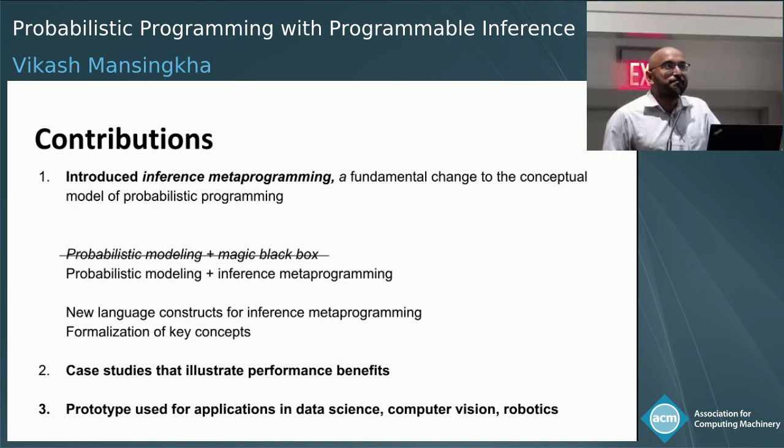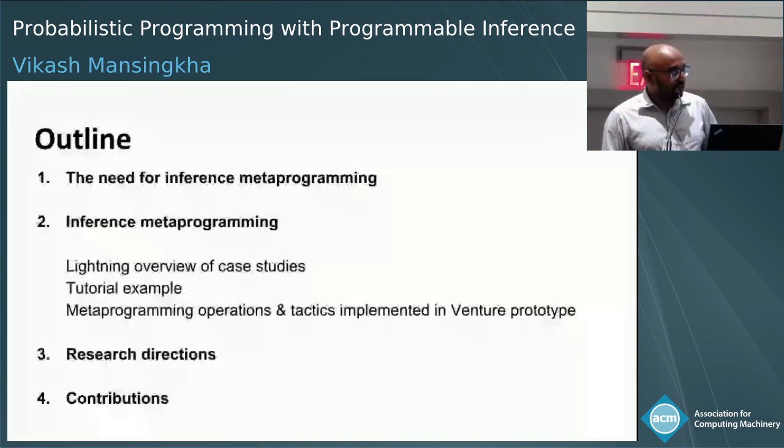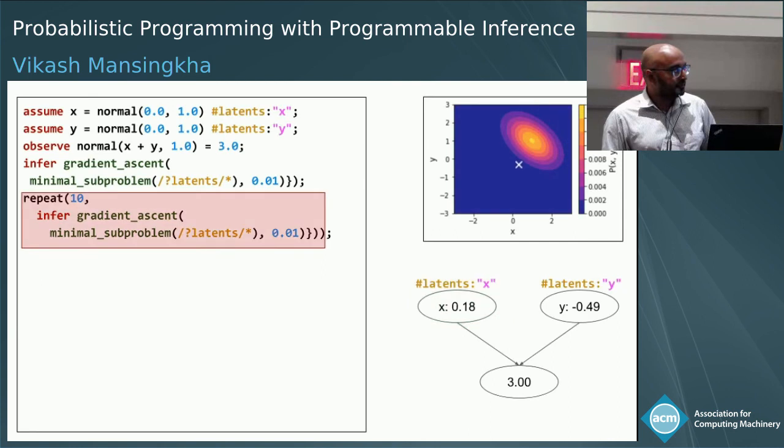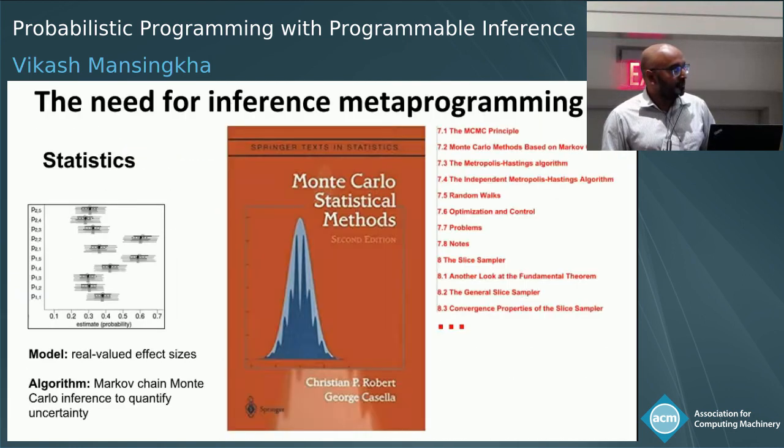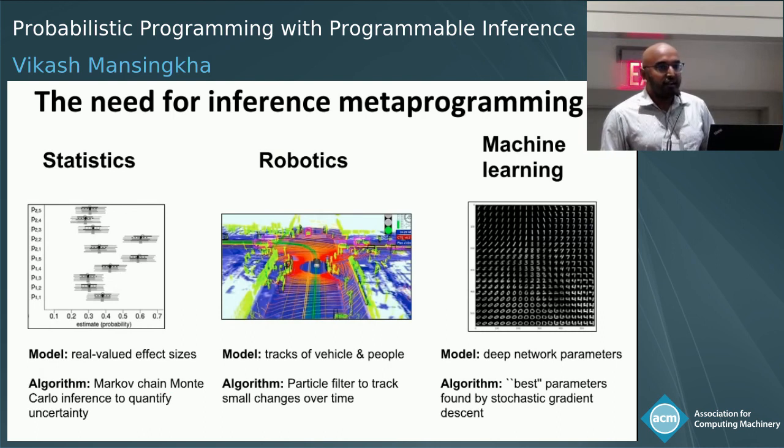Another frame is that for different applications and different model types, there are different characteristics of the posterior distribution that are functionally relevant. On that first slide, where I showed this range of applications, in the case on the far left, in statistics, we want very careful characterization of uncertainty that's independent of the starting condition.